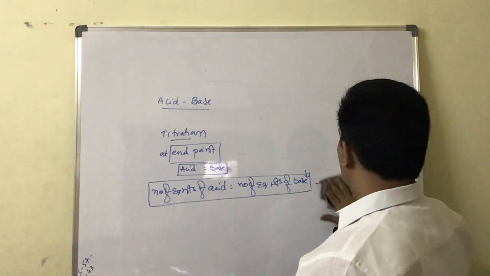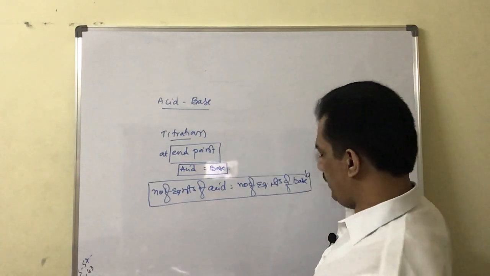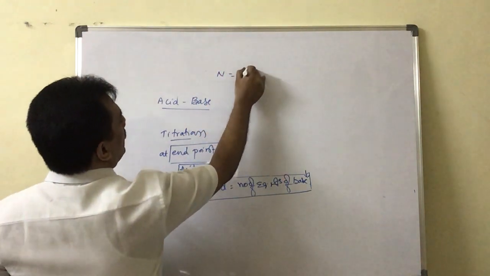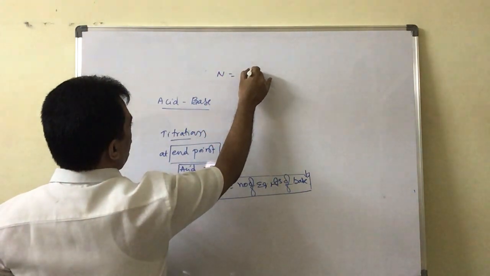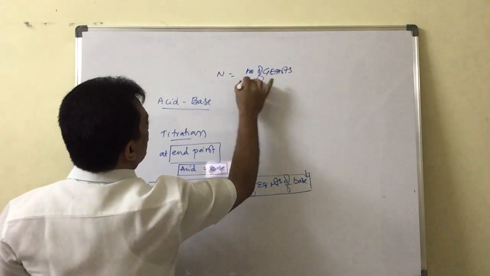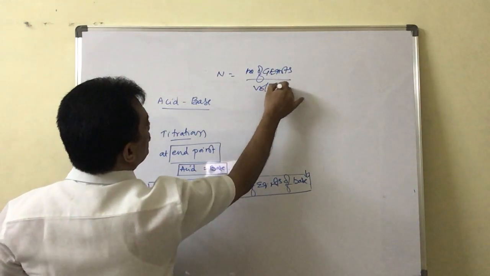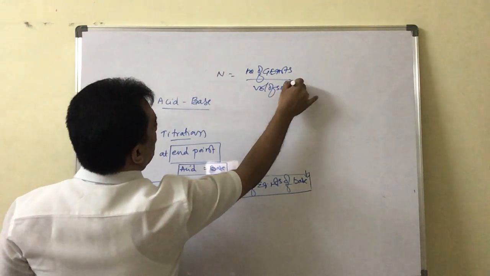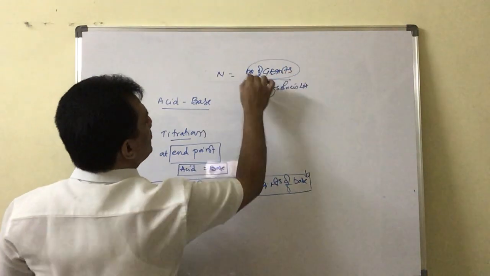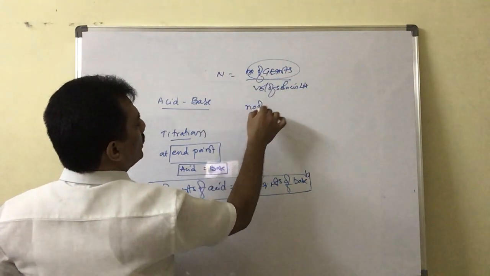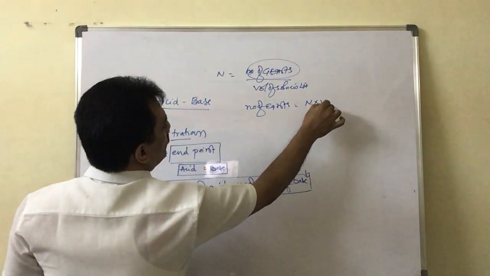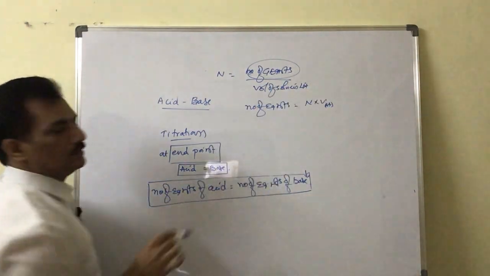NV is nothing but the number of equivalent weights, because normality is equal to the number of gram equivalent weights by volume of solution in liters. So the number of equivalent weights is equal to normality into volume in liters. Is it not?